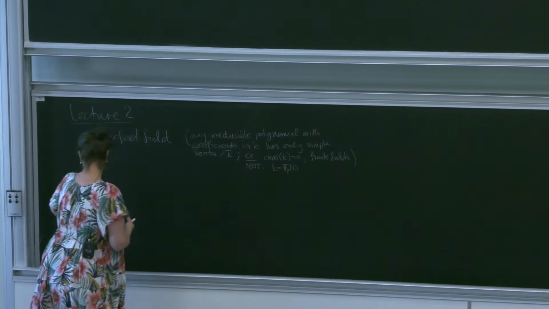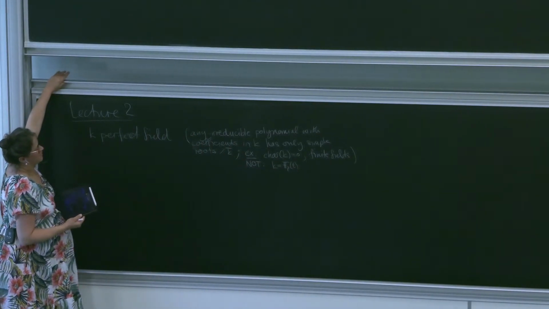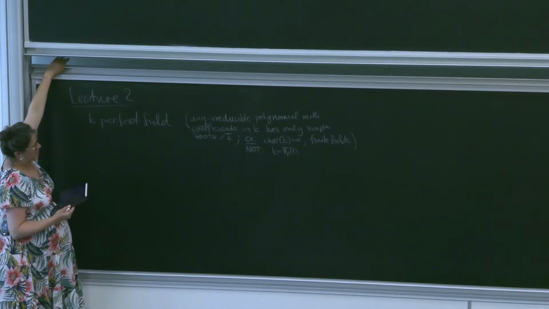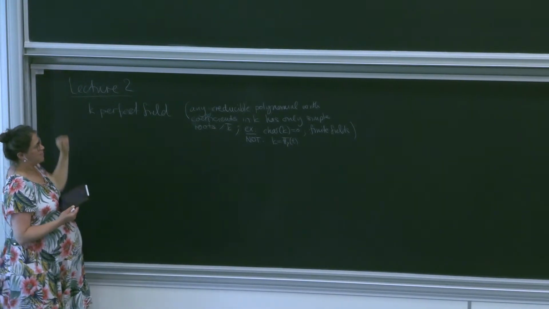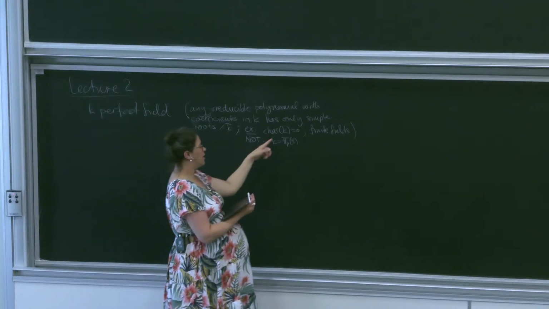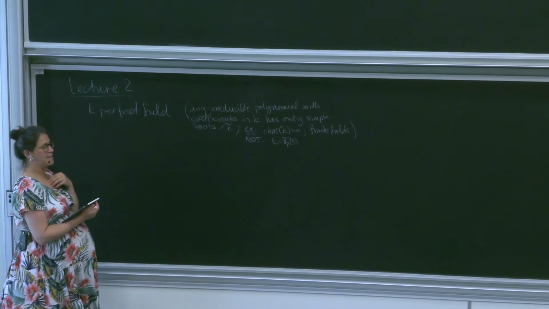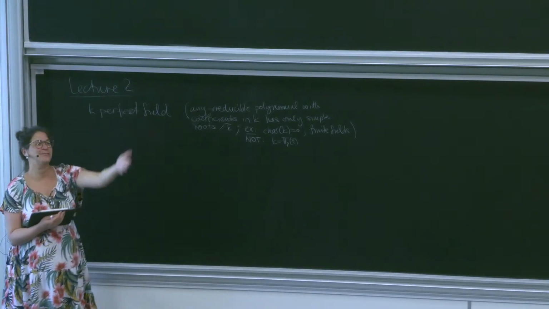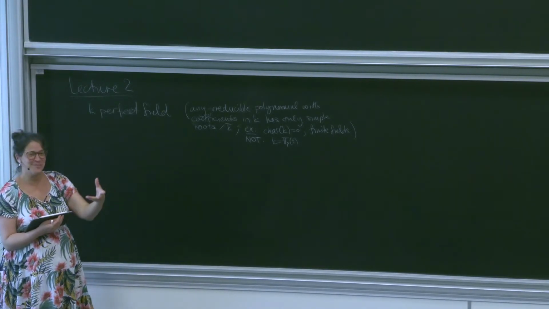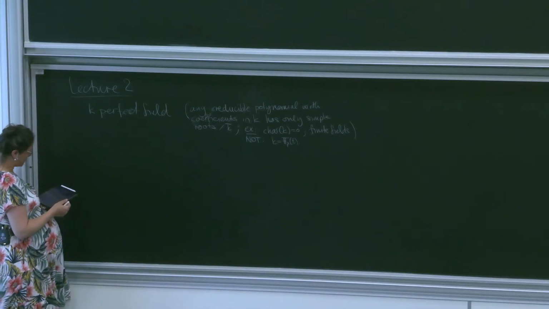Those not. And most of the examples I'm going to give you are going to be over R, because for me R is the nicest non-closed field. It's the field that is closest to being closed, in some sort, but it isn't.